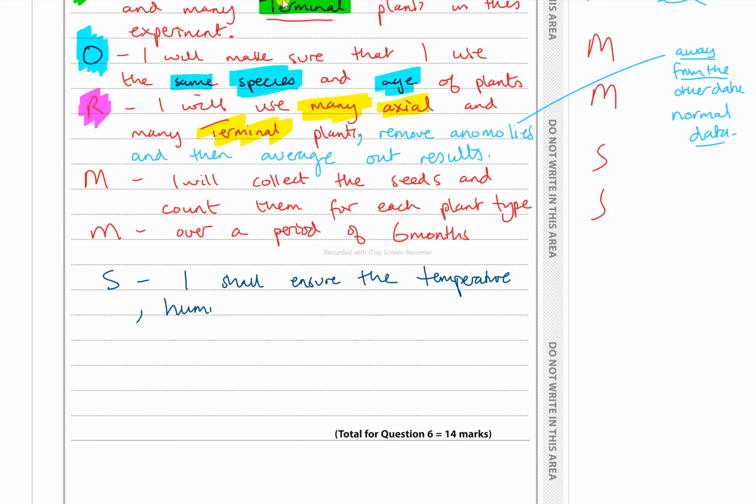The humidity, so water levels, humidity, the CO2 levels, the fertilizer or nutrition levels, and make sure that they've got the same soil.